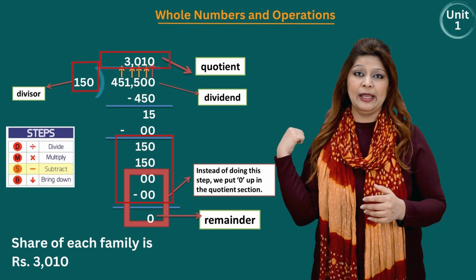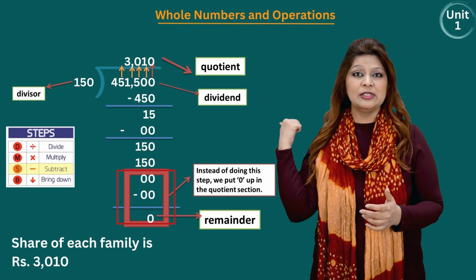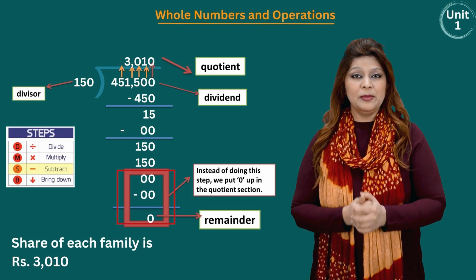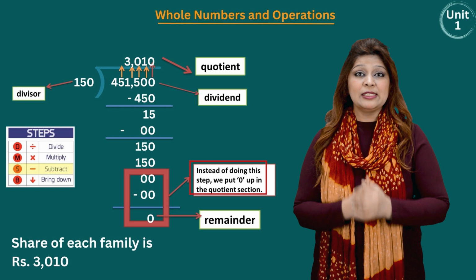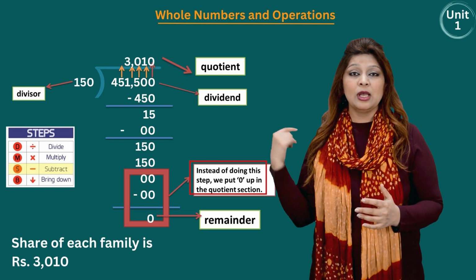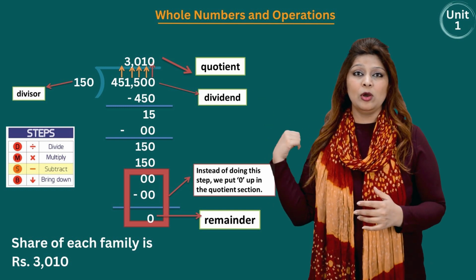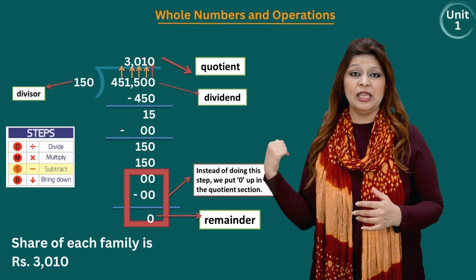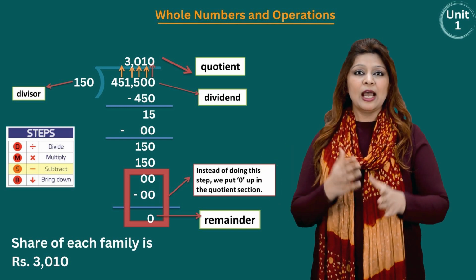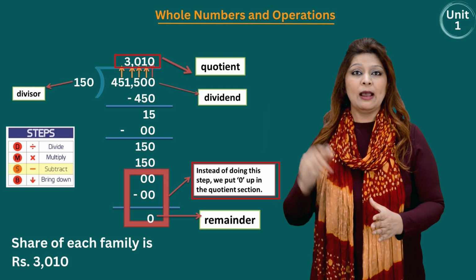I will write 0 here, but you can see that 1 0 is missing. You can see that in the division there is 1 0 here. Instead of doing the long division process, writing zeros again and doing subtraction, I can just put this 0 upward with the quotient. So this 0 will go upward.